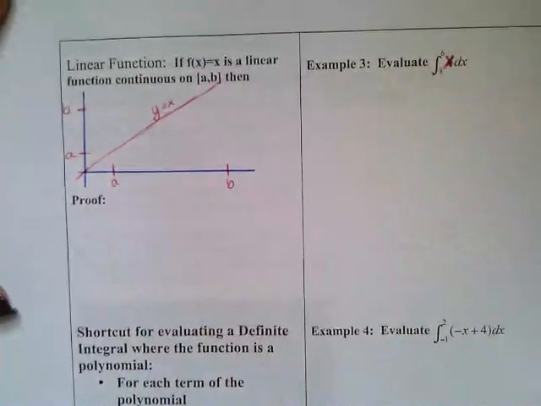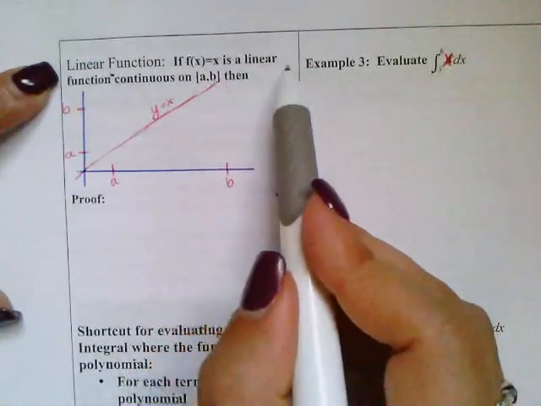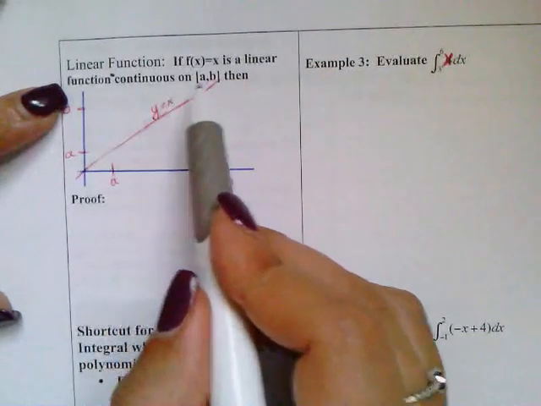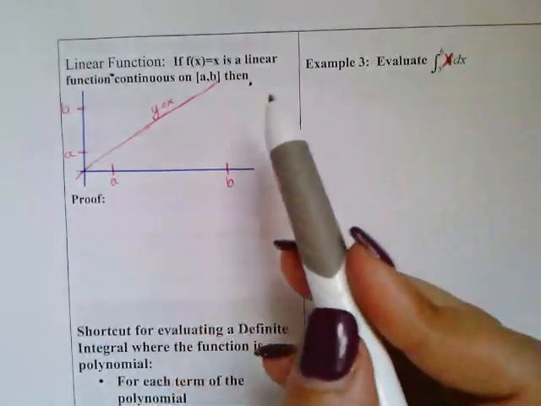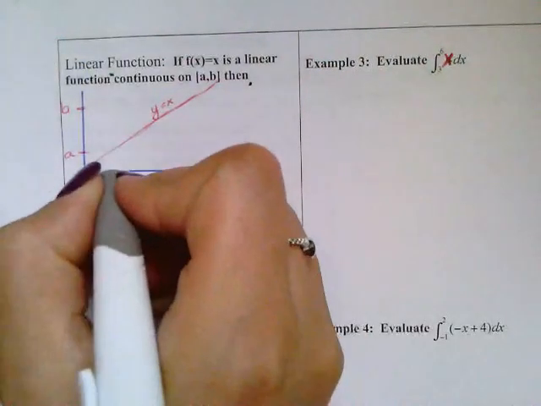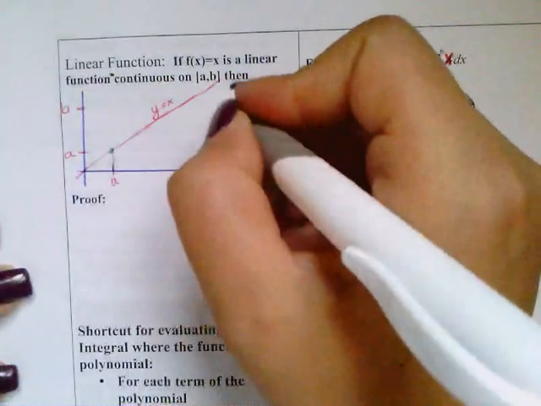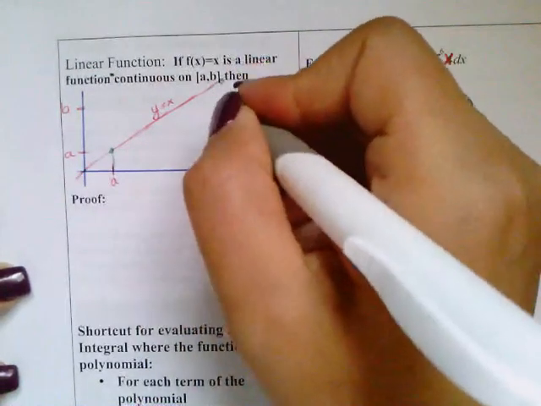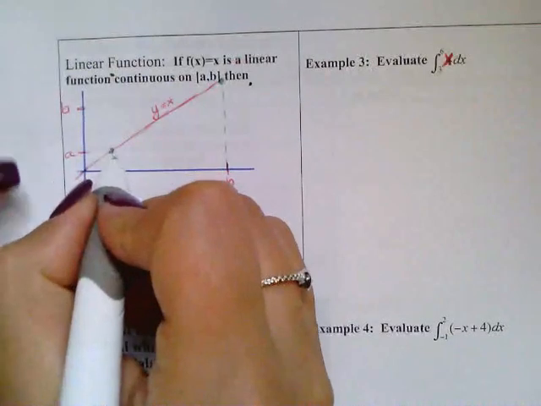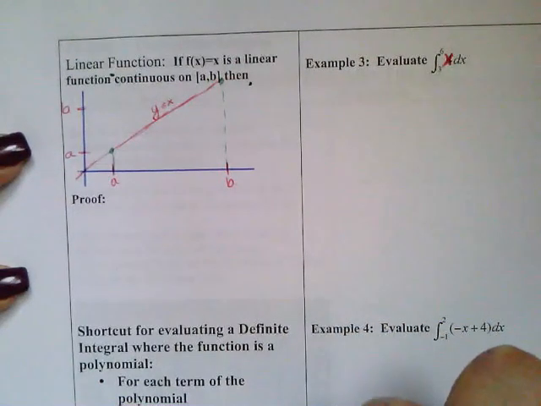So this is not that bad, but for linear functions, if f of x is linear and the function is continuous on a to b, then we have to do a little bit of something, because if I wanted to figure out what the area of the curve was from here to here, I'd have to take my partitions a little bit simpler.